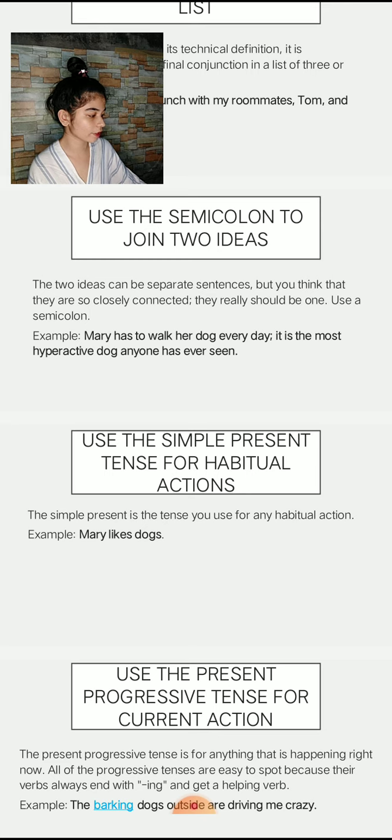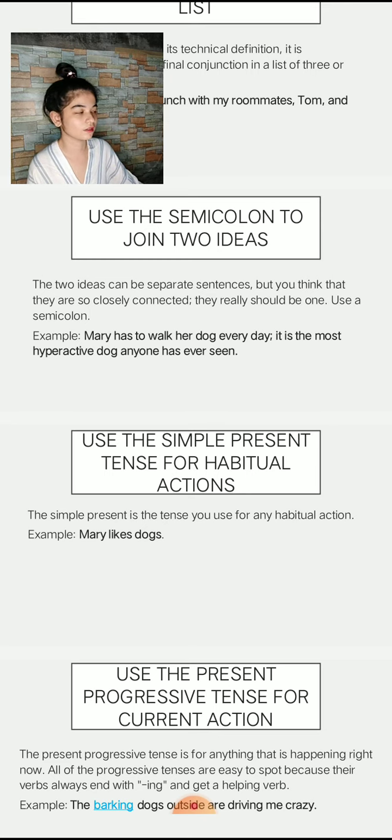Mary has to walk her dog every day; it is the most hyperactive dog anyone has ever seen. So we used a semicolon to proceed to the next phrase. If it is just one sentence or one phrase, we don't use a semicolon. It can be just, Mary has to walk her dog every day.